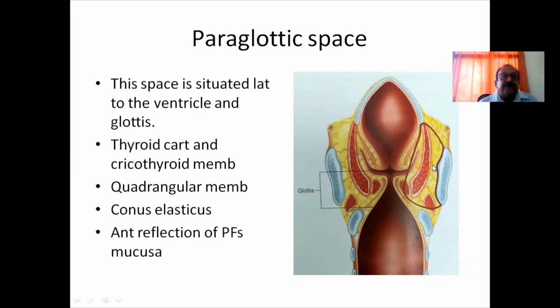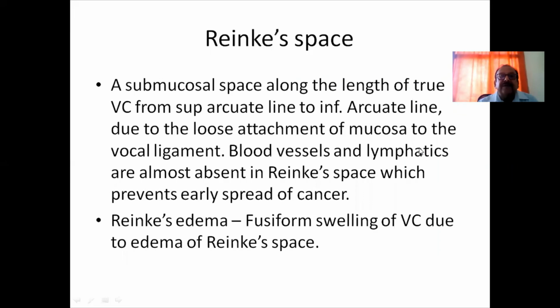It's formed by thyroid cartilage laterally, cricothyroid membrane, quadrangular membrane, conus elasticus, and anterior reflection of mucosa of piriform sinus.